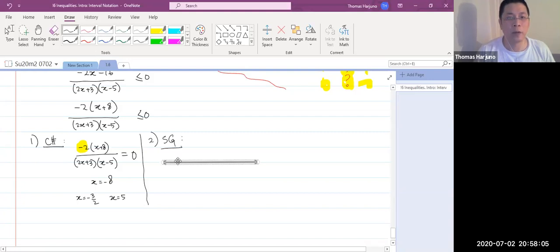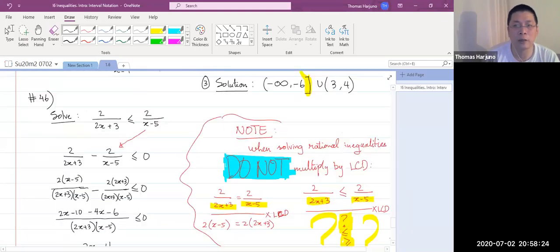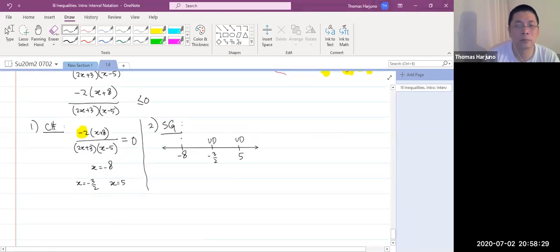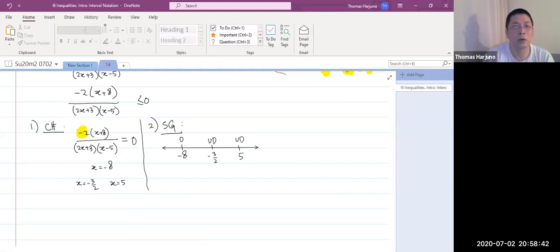We have negative 8, negative 3/2, and 5. It will be undefined when x equals negative 3/2 and when x equals 5. It will be 0 when x is negative 8. Now then, I plug in numbers to test. Let's say I test 0.